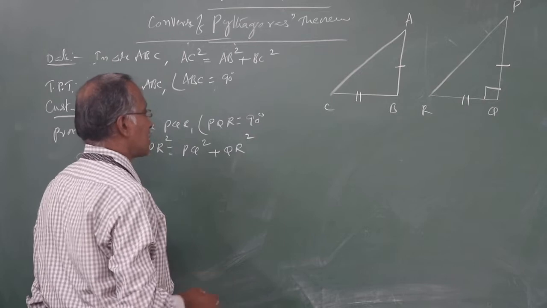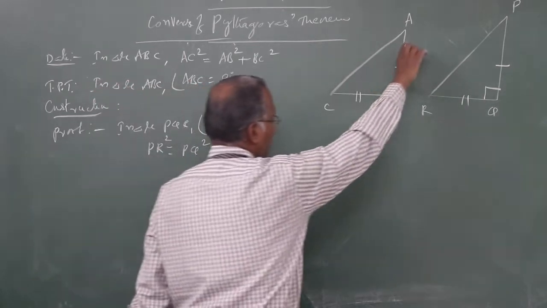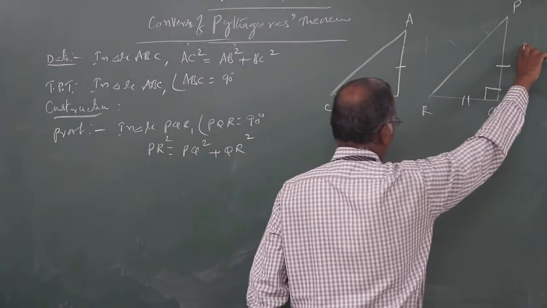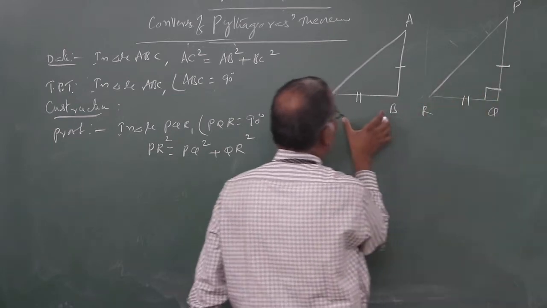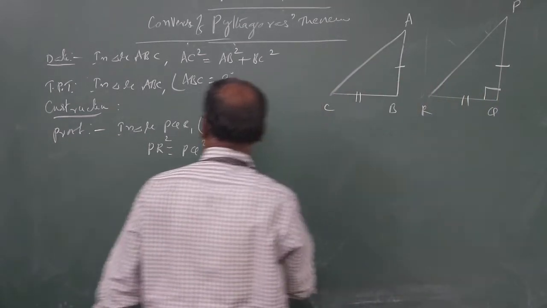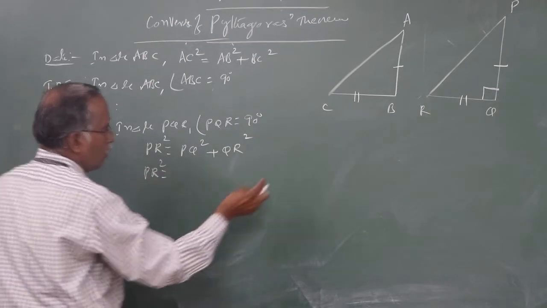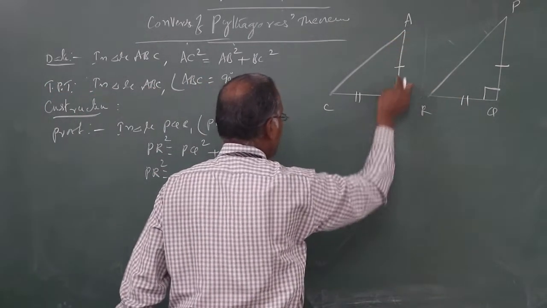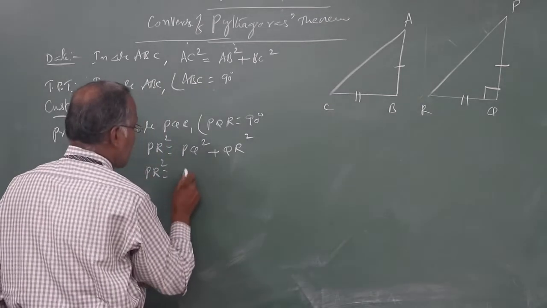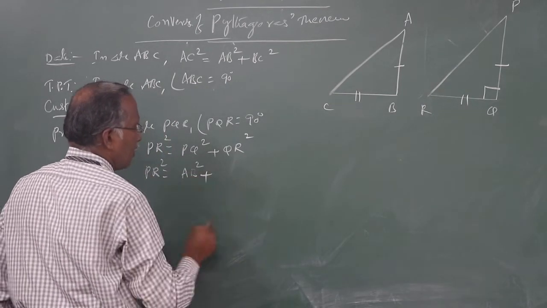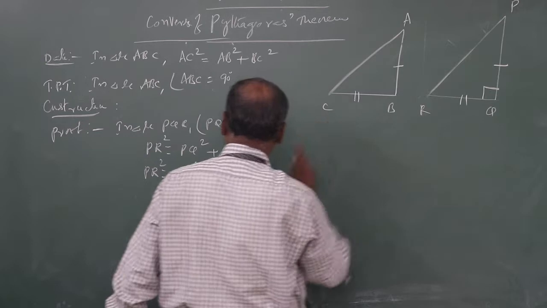But from the construction, you know that AB is equal to PQ and BC is equal to QR. Therefore, you can write this as PR square is equal to PQ, which is nothing but AB, from the construction, AB square, plus QR, which is equal to BC.